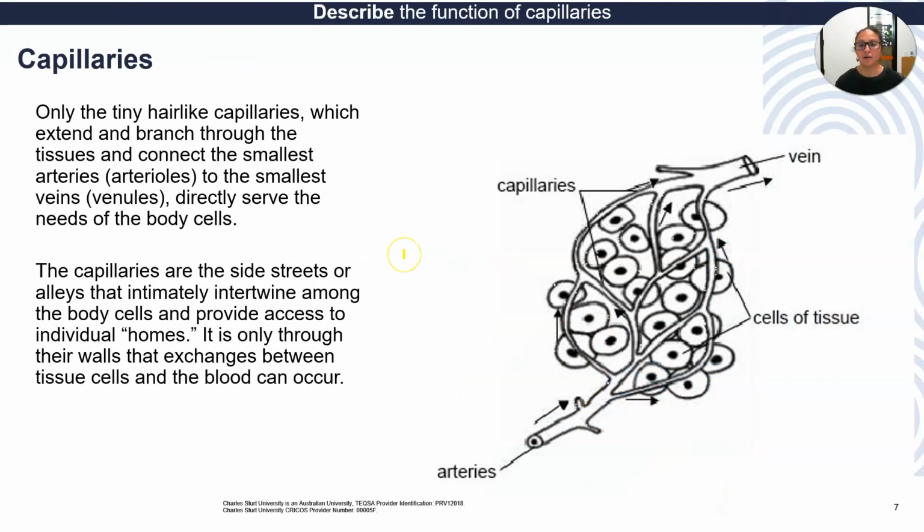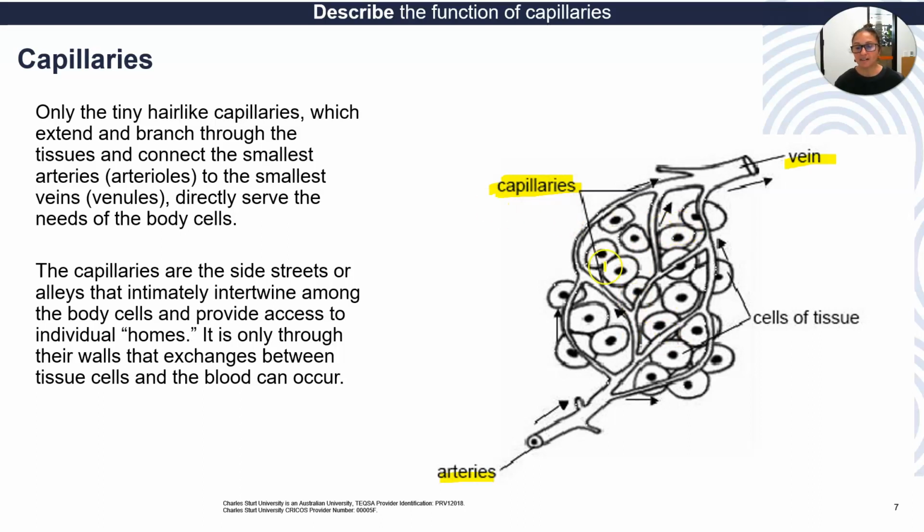Okay, now we're looking at capillaries. So here we have our arteries, here we have our veins, but capillaries is where all the action happens with regards to the exchange of molecules and fluids and other things from the blood to our cells.